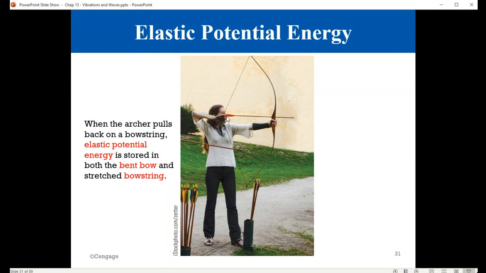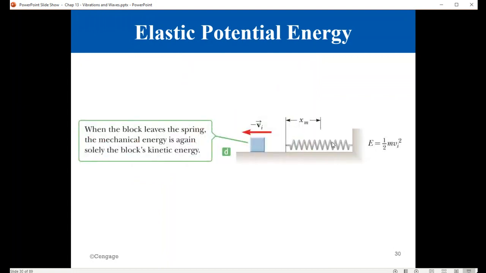Once she releases the arrow, the energy will be converted from elastic into kinetic. So now the arrow will start moving with kinetic energy with high velocity forward, right? And the energy is transferred from elastic to kinetic, just like we have here.